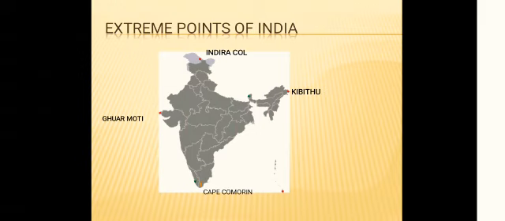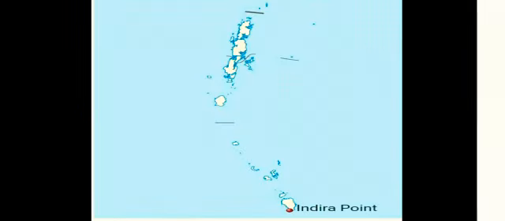Children, the southernmost point of Indian mainland is Cape Comorin, which is located in the Kanyakumari district of Tamil Nadu, whereas the southernmost point of Indian Union is Indira Point, which is located in the Andaman and Nicobar Islands.